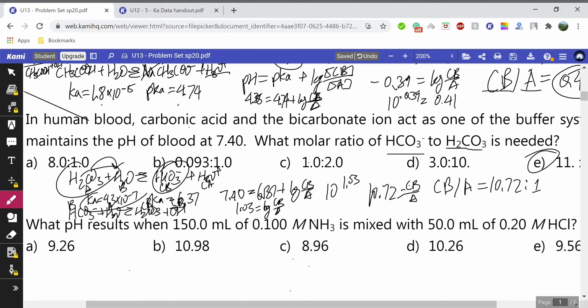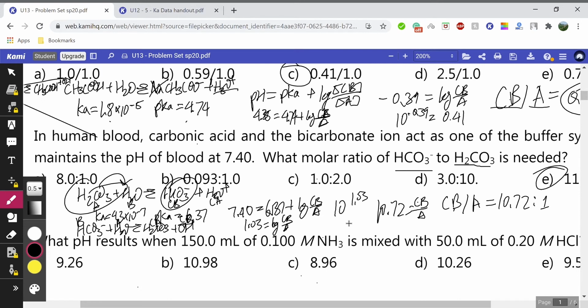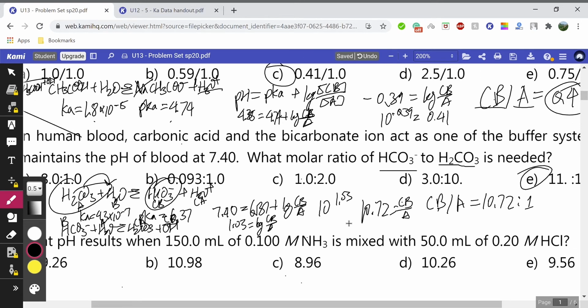Now, over here, you're going to be looking for Kb, and then use a pKb, and then after that, use pOH is equal to the pKb plus the log of conjugate acid on top divided by base on bottom to get this value, and do the same process, and in the end, you're going to get a number. If you use the correct ratio, the ratio will be conjugate acid on top divided by base on bottom.